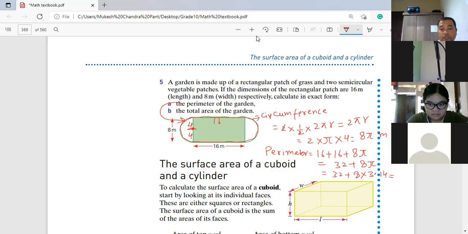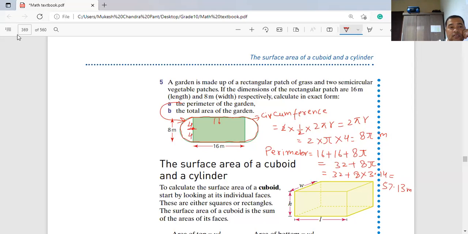It will be approximately 57.13 meter. You round it up. Okay, note it down.